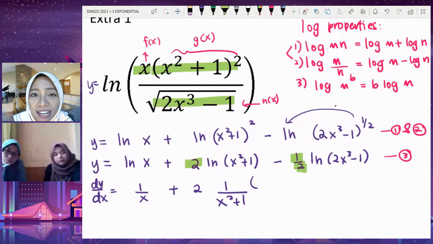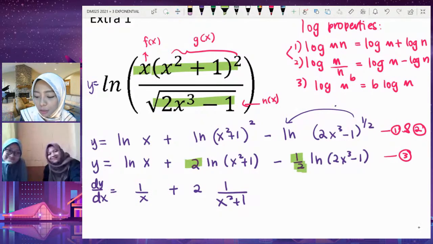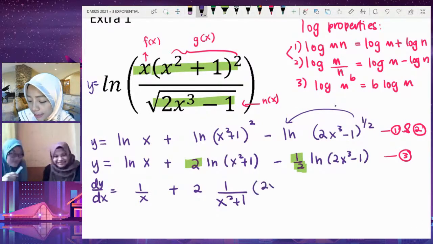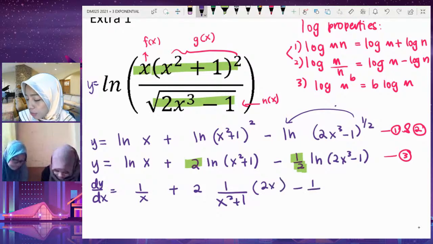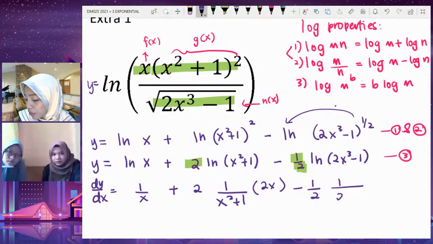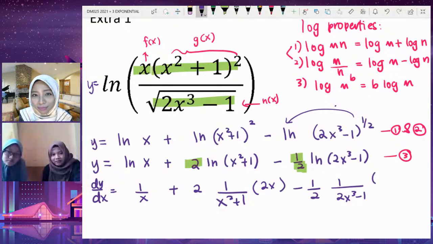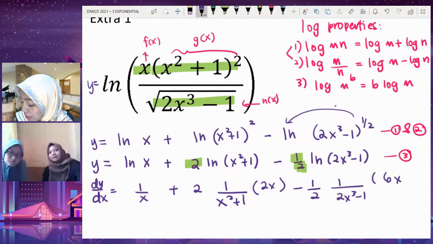Terus differentiate, sebab tak nak banyak-banyak step. Boleh, tak ada masalah. Cuma jangan buat salah saja. 2x minus with 1 over 2. Copy first 1 over fx and then the differentiation of the function is, apa sayang? 6x square. Very good, 6x square.